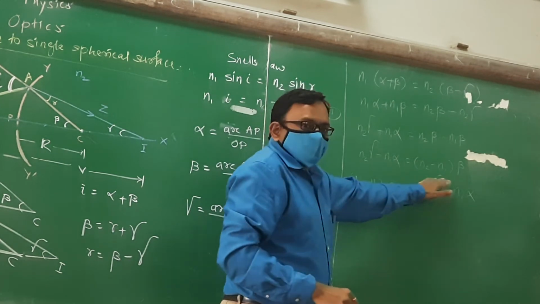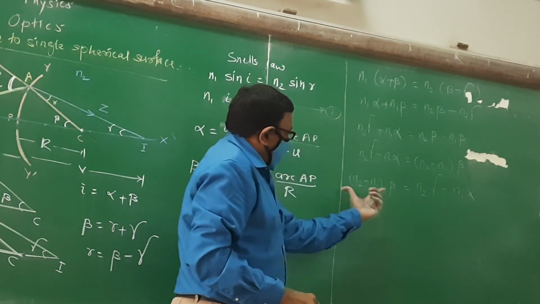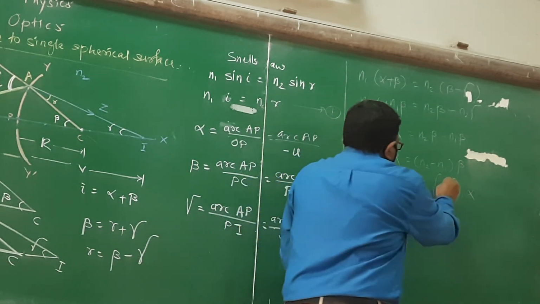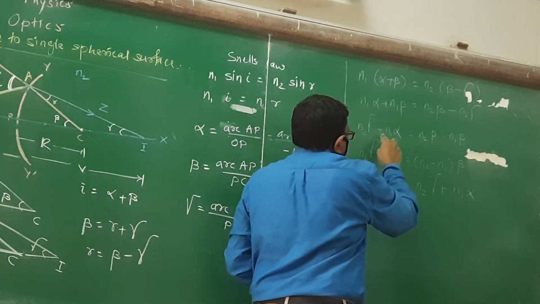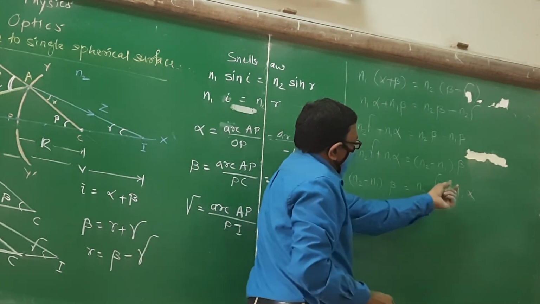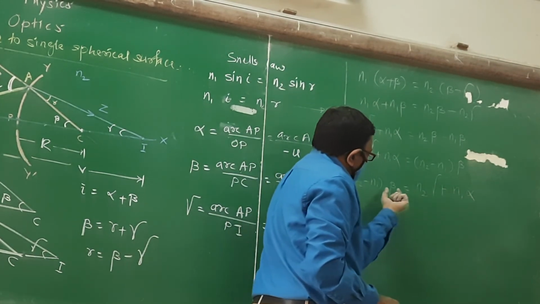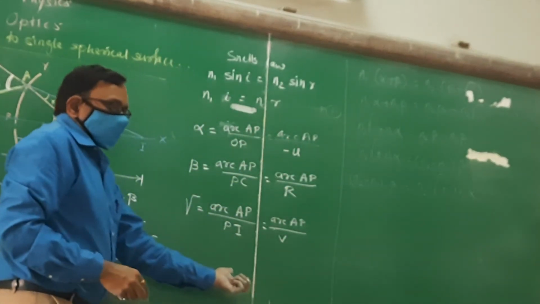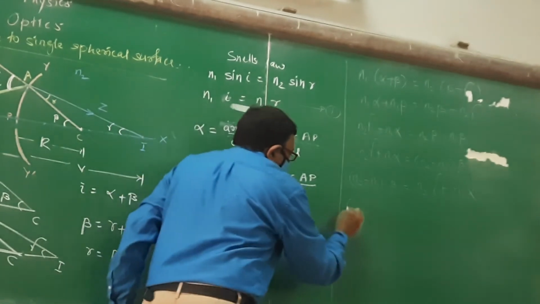Only this side changes. On the next side, we substitute the values of beta, gamma and alpha. Here it is minus, it becomes plus. Now we substitute the values of beta, gamma and alpha from this section. Can you say the value?